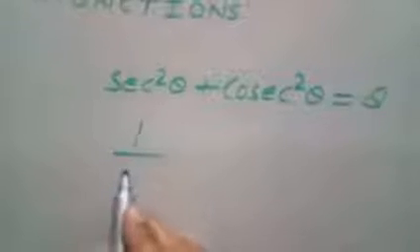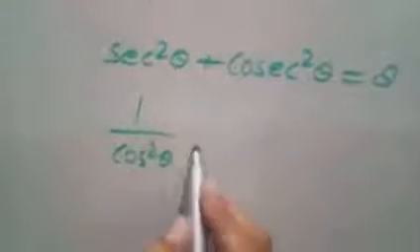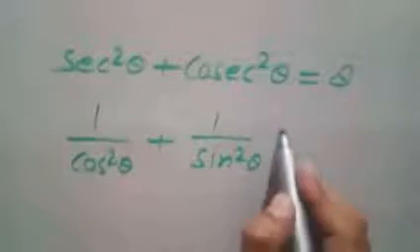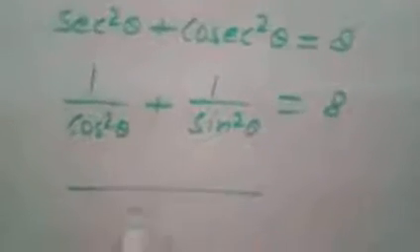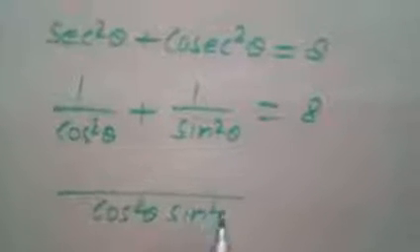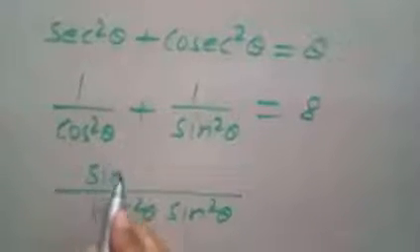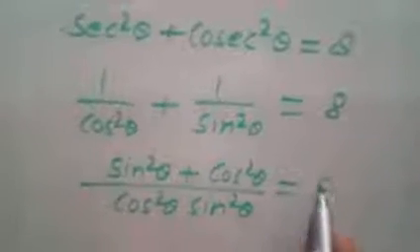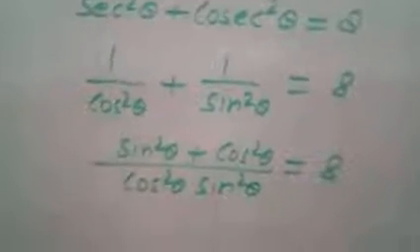In the next sum, sec square theta plus cosec square theta is equal to 8. So here sec square theta can be written as 1 upon cos square theta, and here 1 upon sin square theta, that is 8. So we take cos square theta and sin square theta as LCM. So in the numerator, sin square theta plus cos square theta, that is equal to 8.